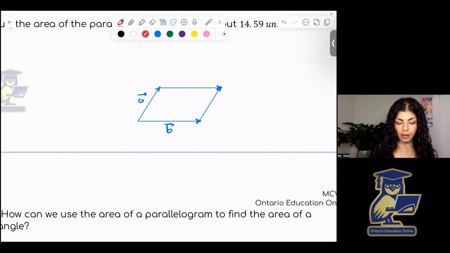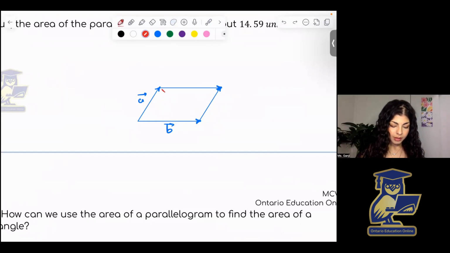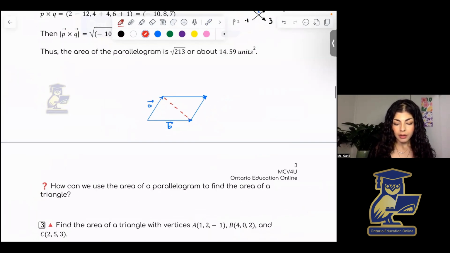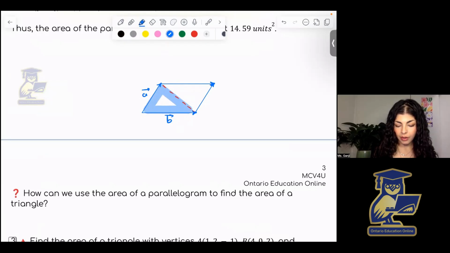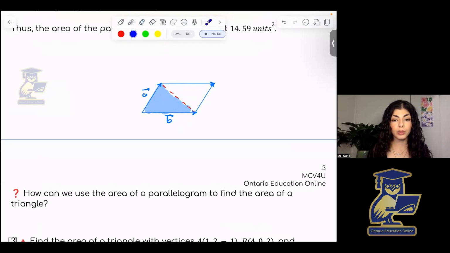But now I'm going to divide this in half, and this is now my triangle, and it is formed by vectors A and B. So ultimately, if I have the area of the whole parallelogram, this whole space, and if I divide it by 2, then I have only this area, which is the area of the triangle, which is what I wanted. So essentially, you start from the area of the parallelogram and you divide it by 2.